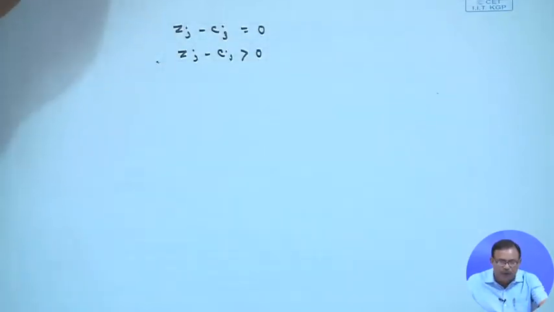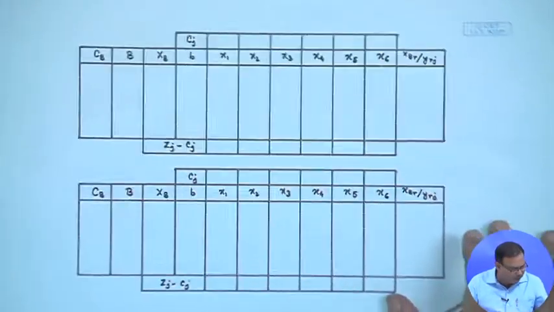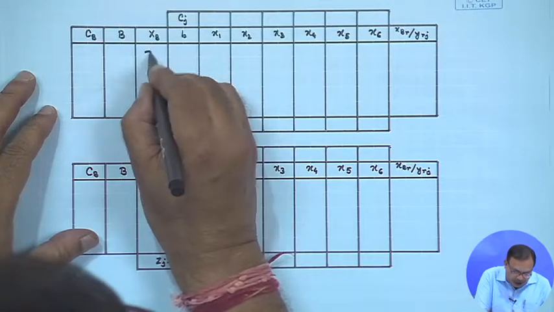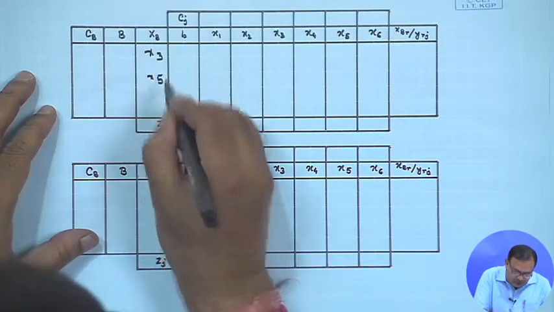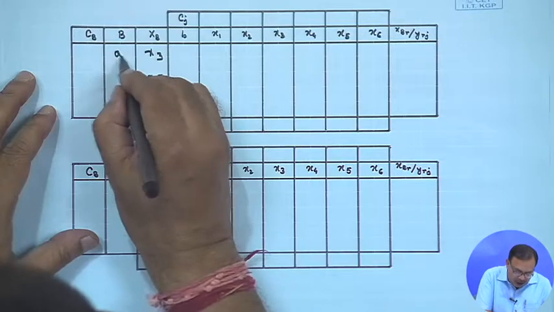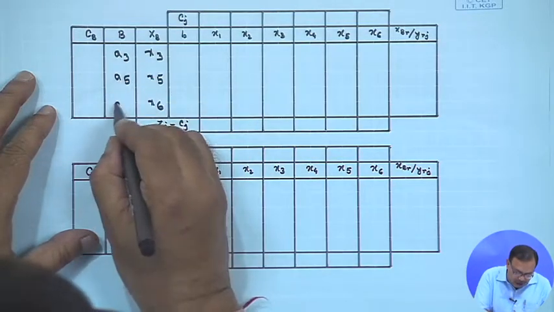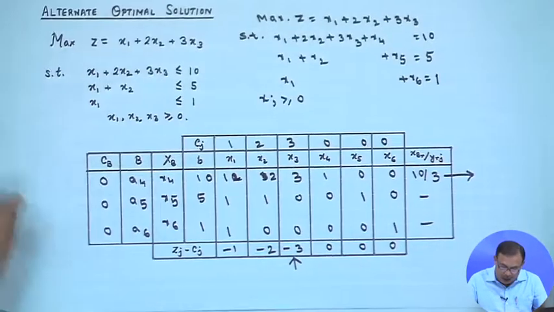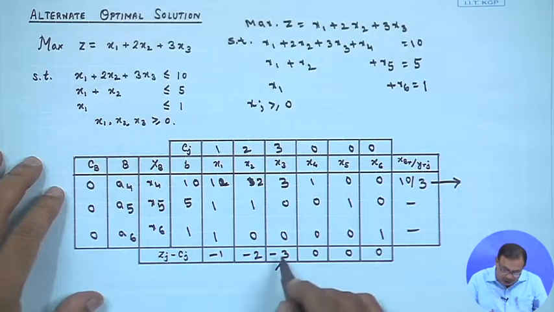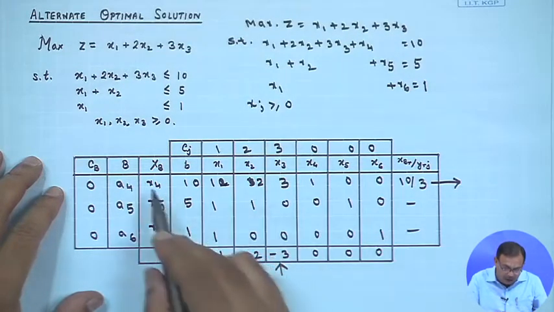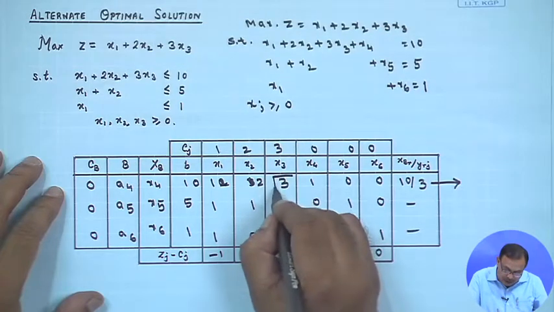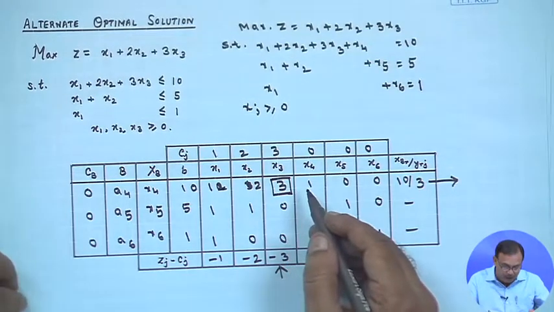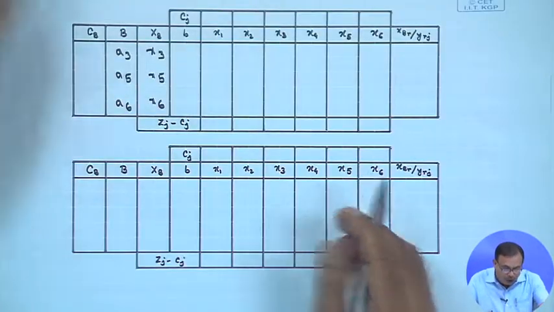So from here, x4 is replaced by x3, and x3, x5 and x6 are in the basis, that is a3, a5 and a6. In the earlier table, x3 is the entering variable and x4 is the departing variable, so your pivot element is 3.